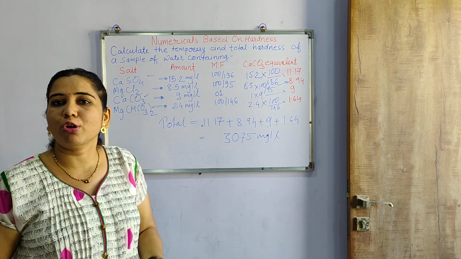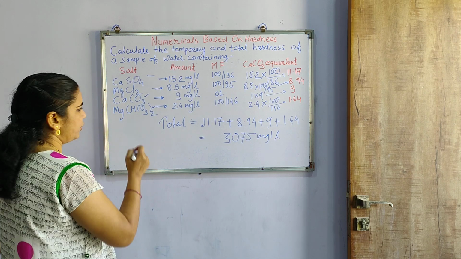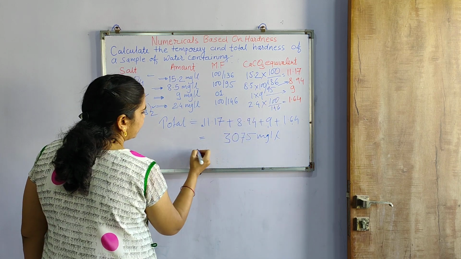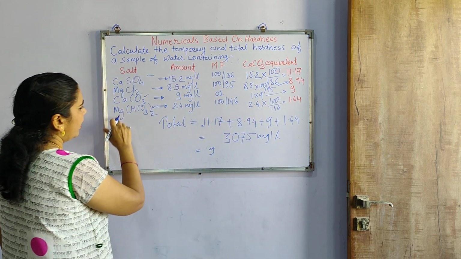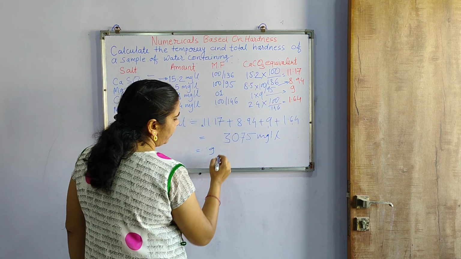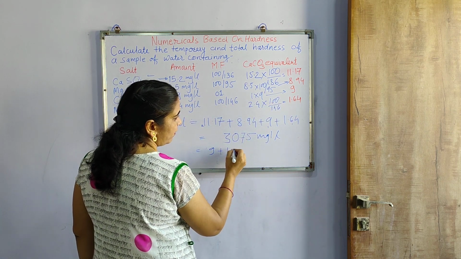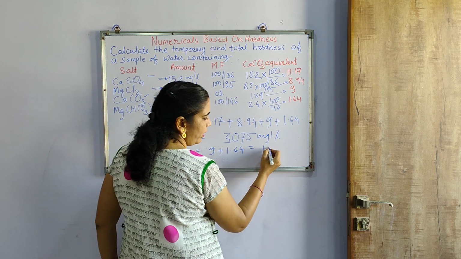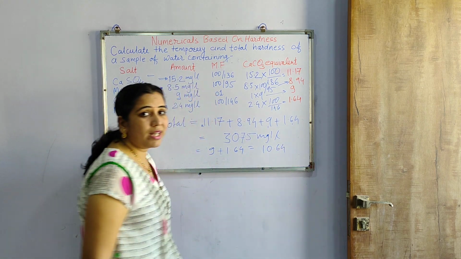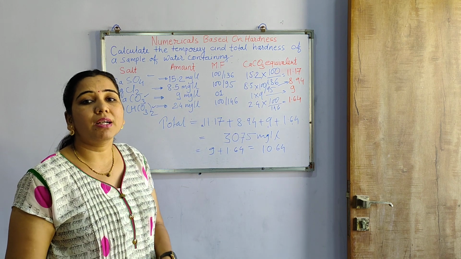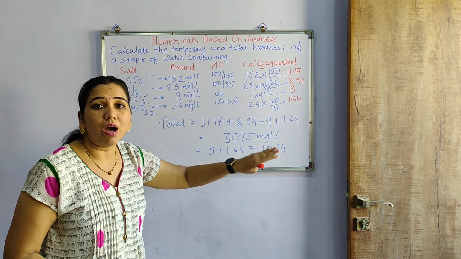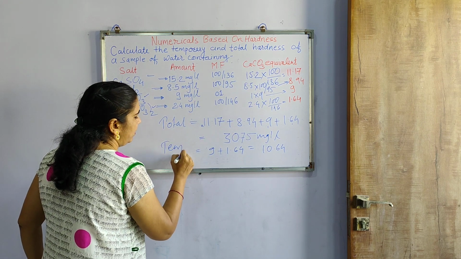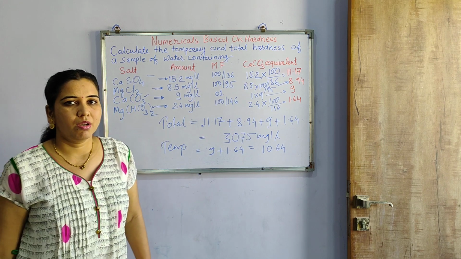Calcium carbonate has its CaCO3 equivalent 9, and magnesium bicarbonate has CaCO3 equivalent 1.64. So the total is 10.64. So 10.64 is the CaCO3 equivalent, which is the temporary hardness.